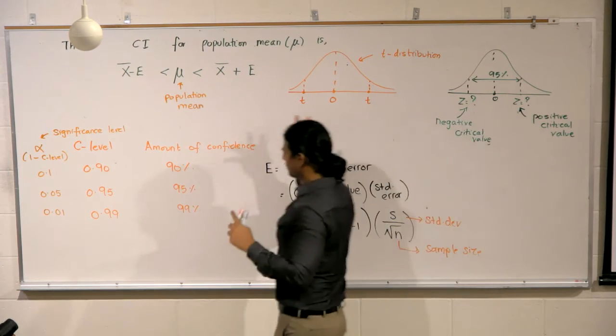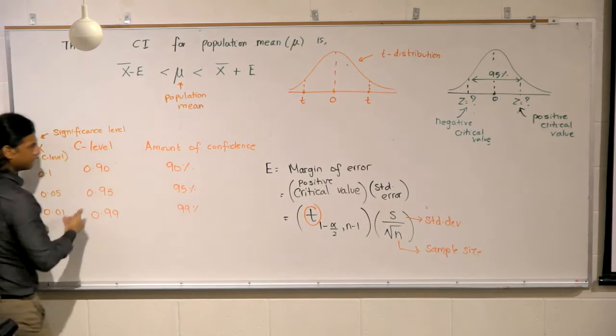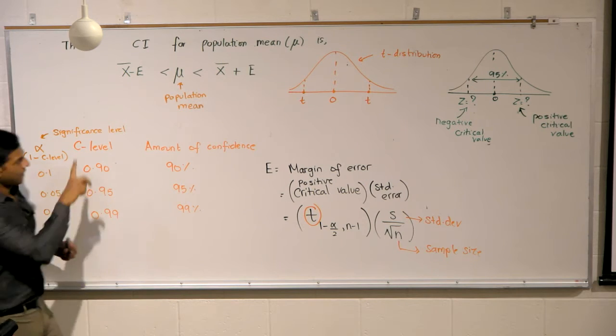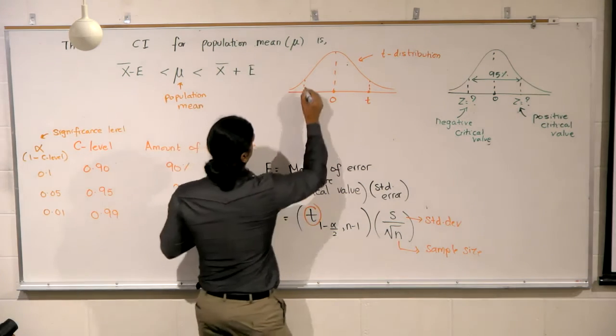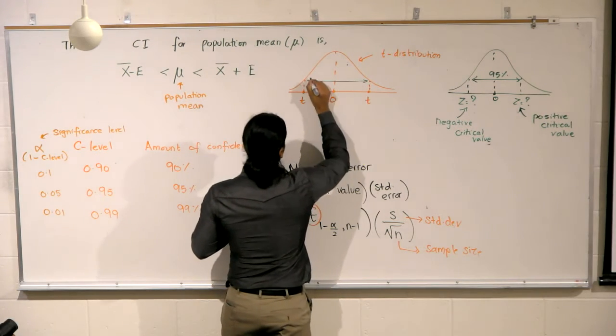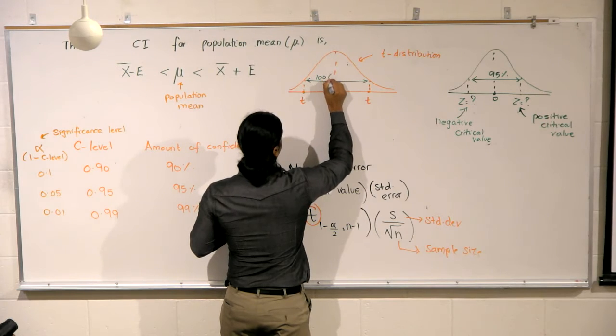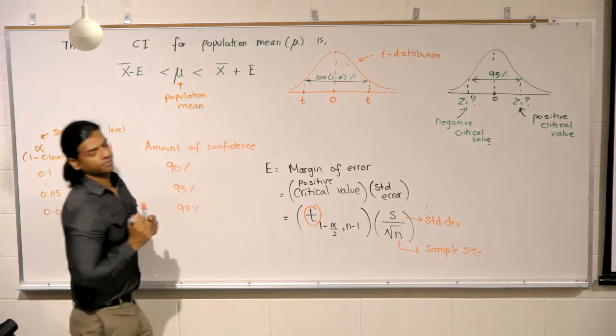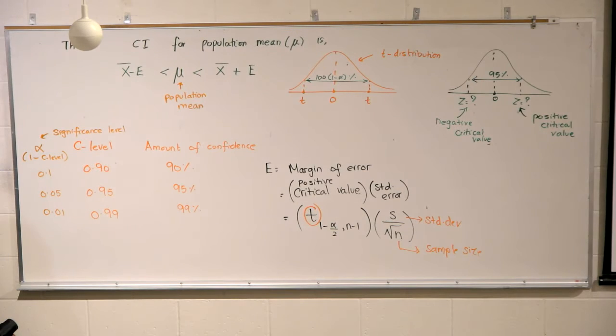So that corresponds to the amount of confidence. So if I picked an arbitrary alpha, I can call the amount of confidence in the middle as 100 times 1 minus alpha.